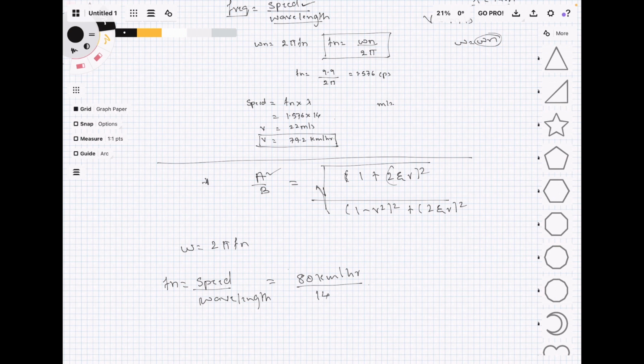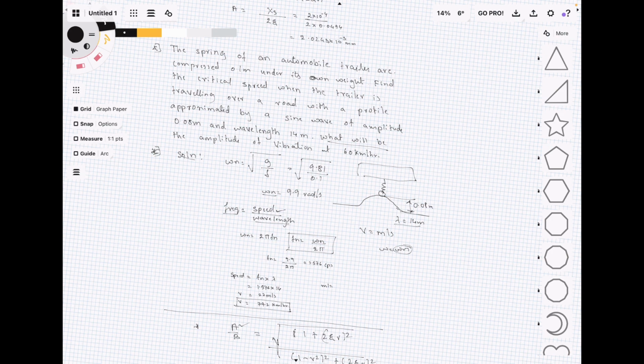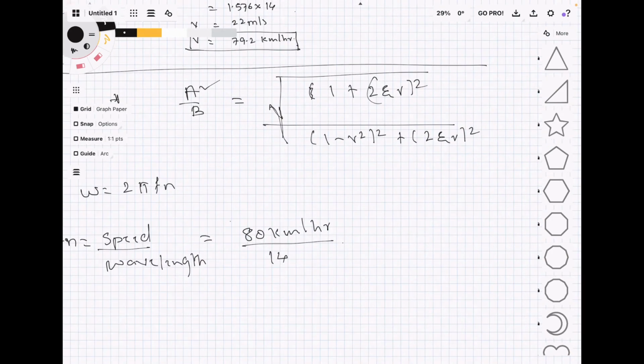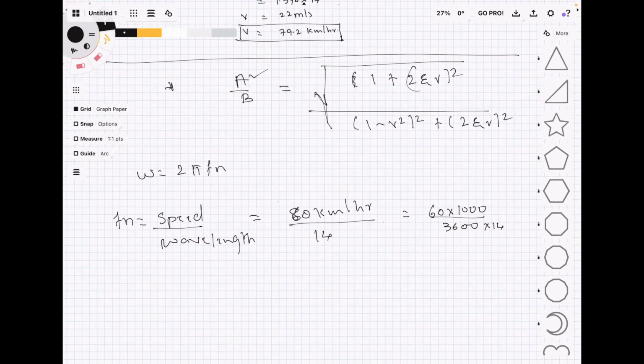We need to convert this into meters per second. So 60 into 1000 divided by 3600 into 14 will be the frequency.